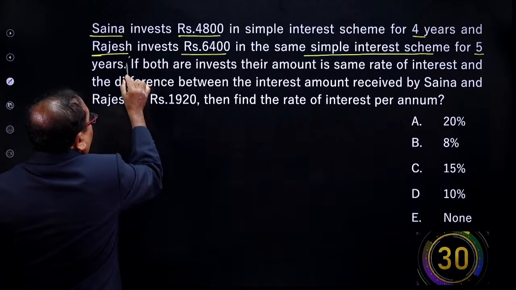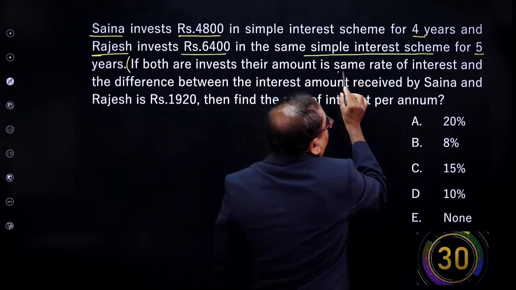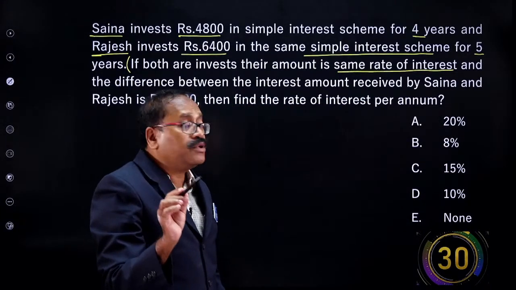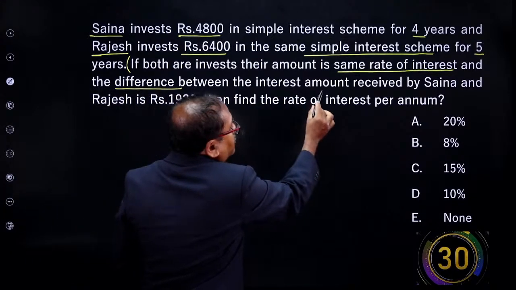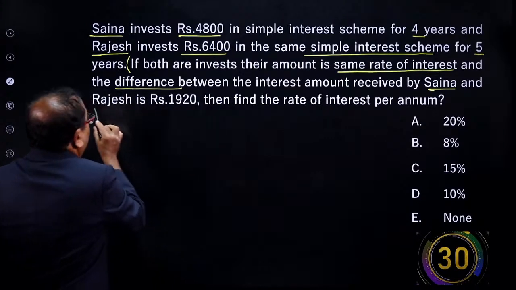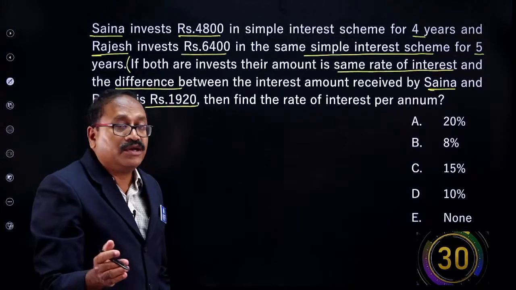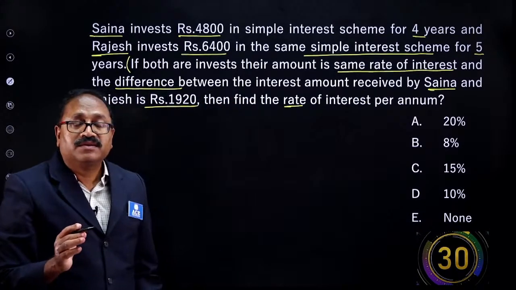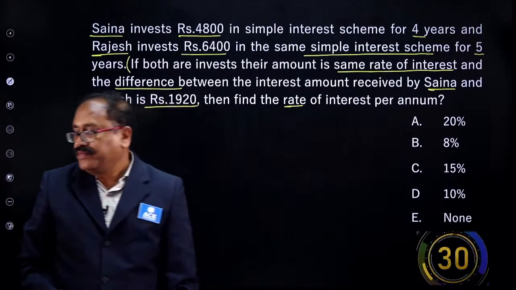Now, both have invested their amount at the same rate of interest, very interesting question, and the difference between the interest amount received by Saina and Rajesh is rupees 1920. Then find the rate of interest. थोड़ा कोशिश कीजिए सर, 30 seconds I am giving for you.